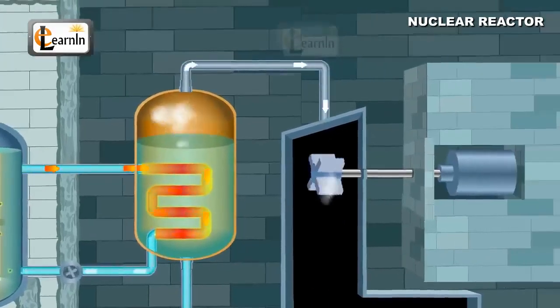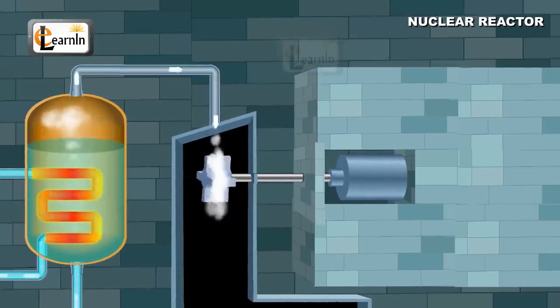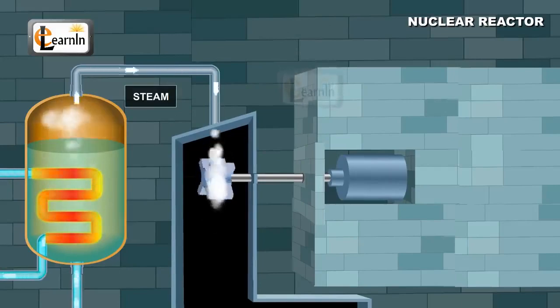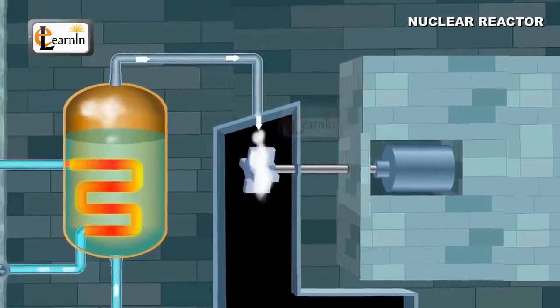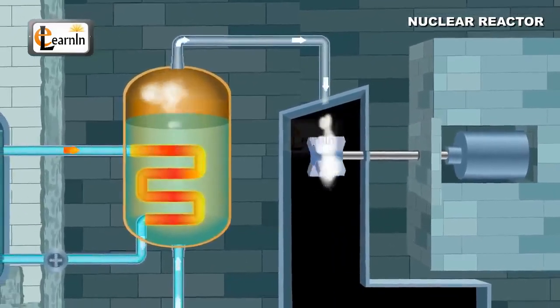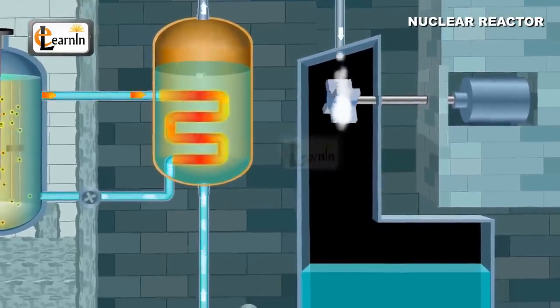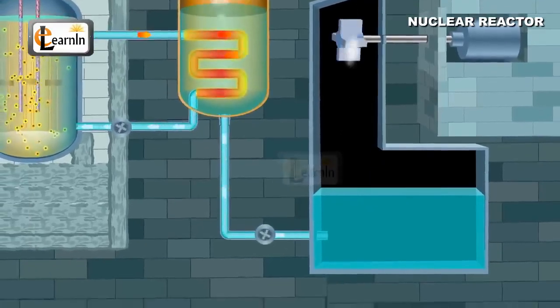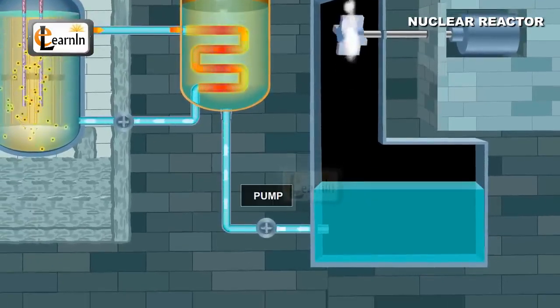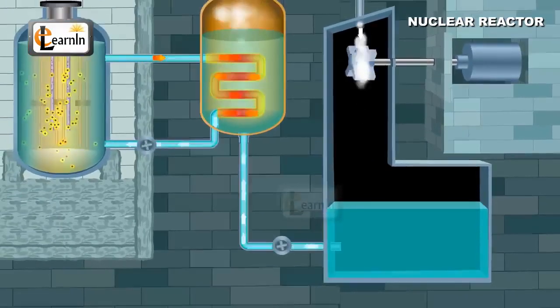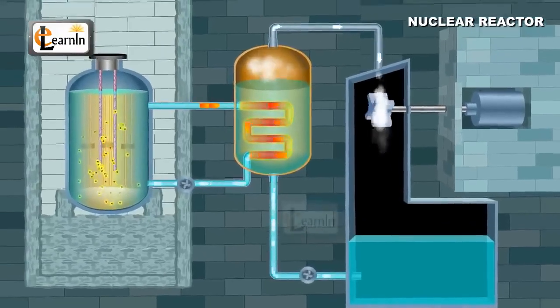Due to the enormous amount of heat released during the fission reaction, the surrounding water gets heated up and changes to steam, which is in turn used to turn the turbines. So, huge heat energy gets converted into electrical energy. Water is continuously flown in and out of the nuclear reactor using the pump. So, a nuclear reactor successfully generates nuclear energy from fission reaction.